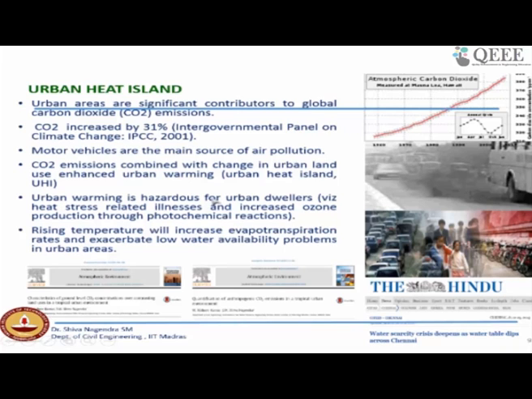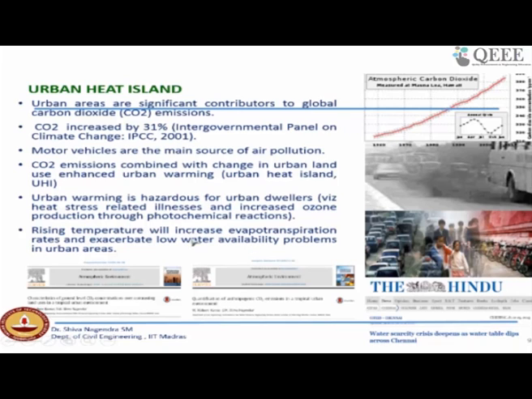Urban warming is hazardous for urban dwellers, especially people residing in those locations. It is much more hazardous. So heat stress related illness and increased ozone formation are both significant in those areas. This is also linked. For example, is there any linkage between CO2 emissions, the urban heat island effect, and the scarcity of water?